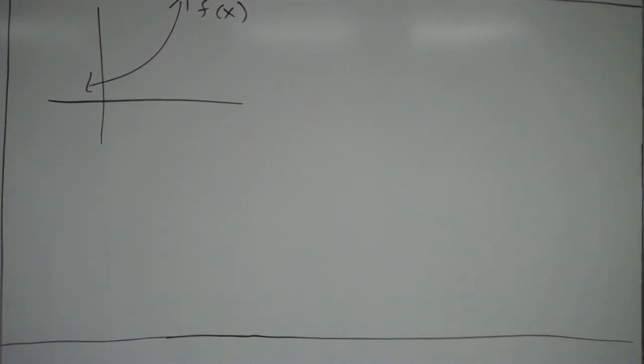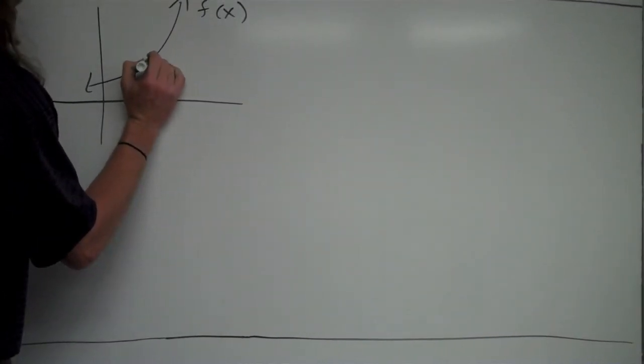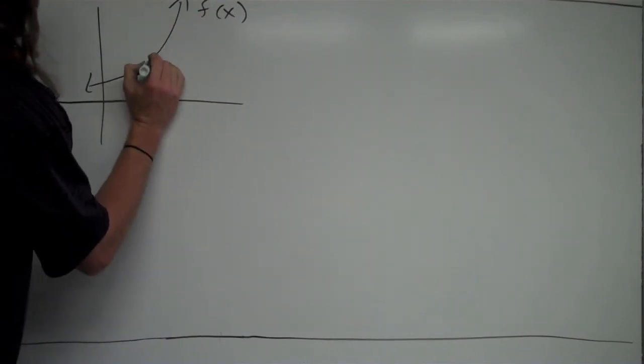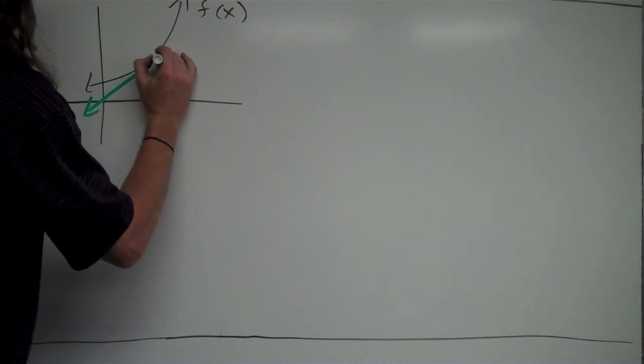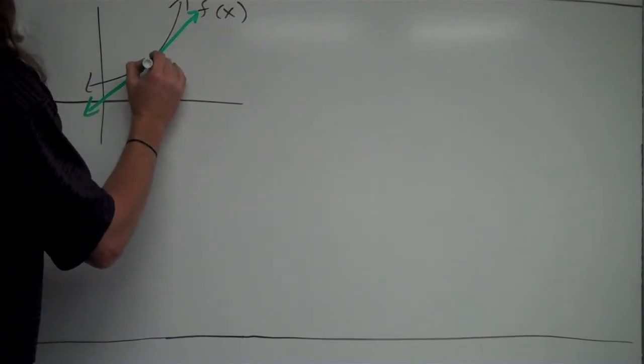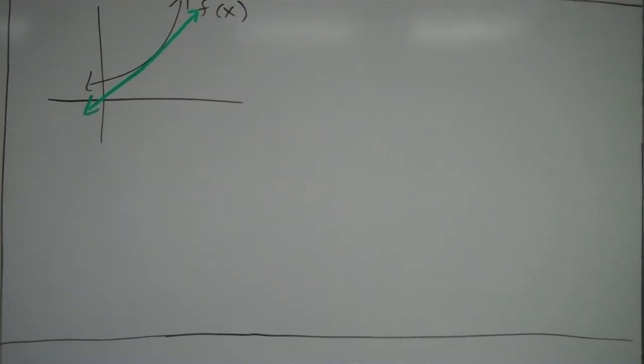The idea is that if you were to make a tangent line to this graph at some point, let's say I make it right here at this point. A tangent line, remember, touches the graph at that point and has the same slope.